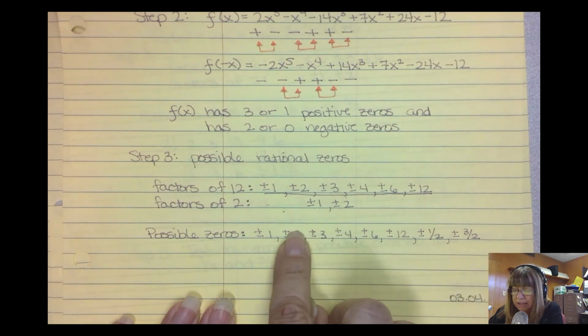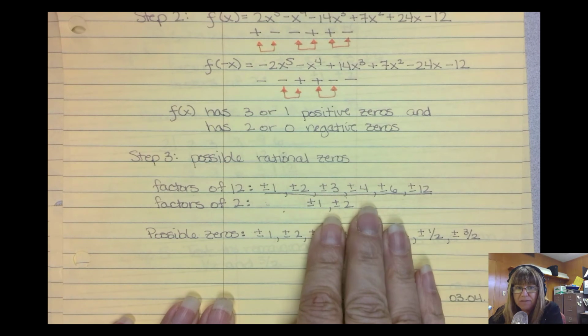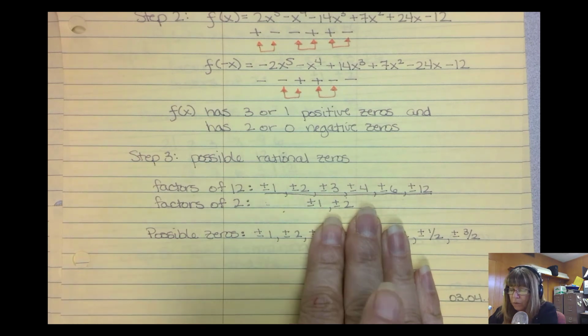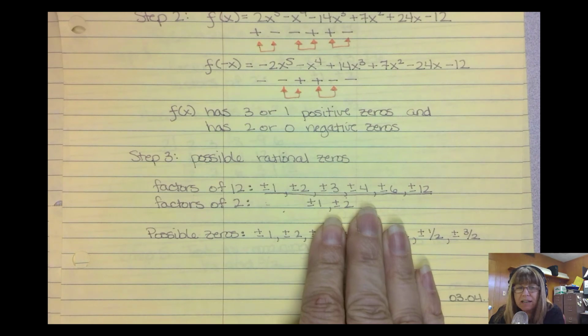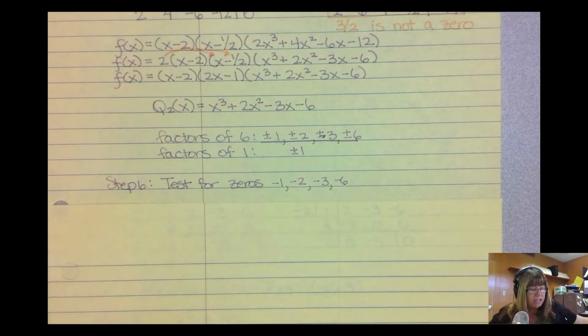We knew it wasn't anything over 2, so you could rule out those guys. And I've tested both 1, 2, 1/2, and 3/2. That only leaves the negative values. So I need to test the negative values. I don't need to test any more positive values.